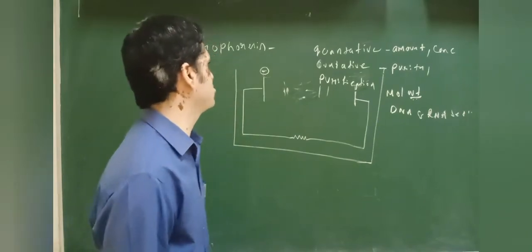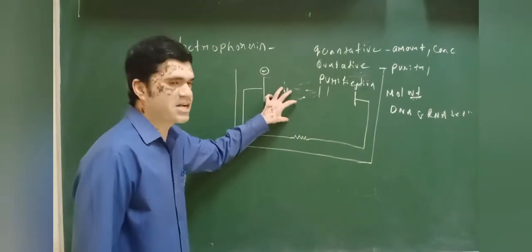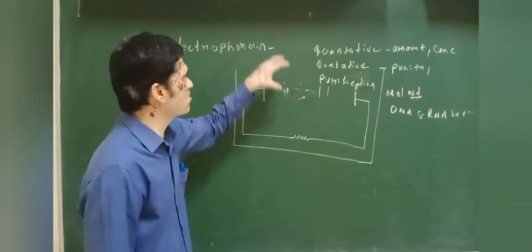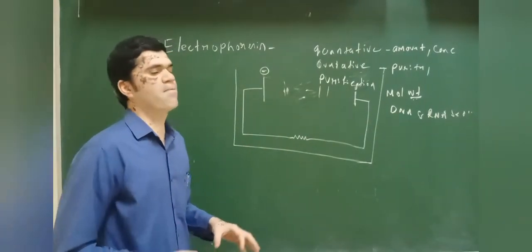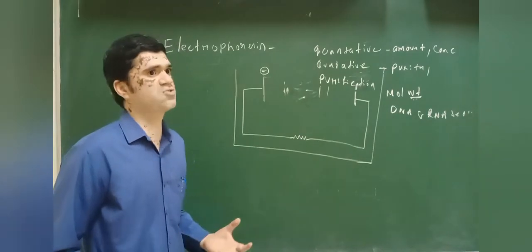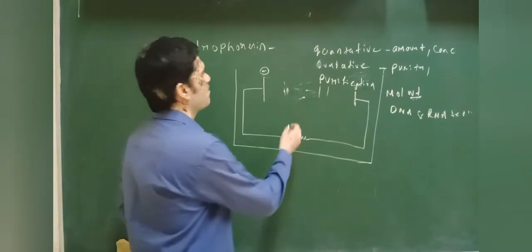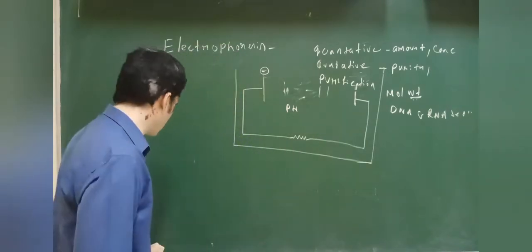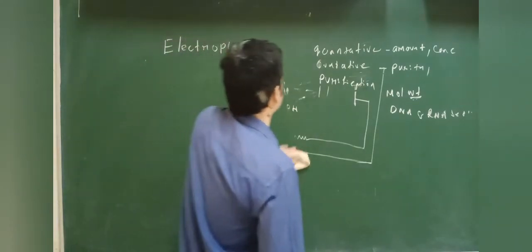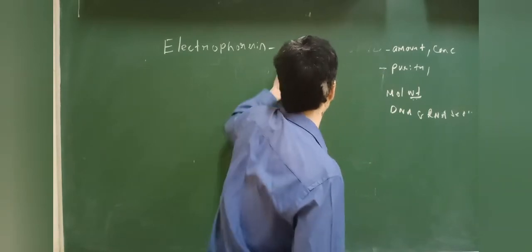As I already told, any particle when placed in aqueous solution will acquire some charge. It may be negative charge or positive charge, depending upon the pH of the buffer. Let me give an example of how it acquires the charge. Let us take an example of amino acid.